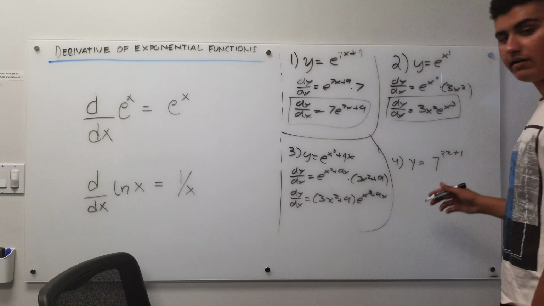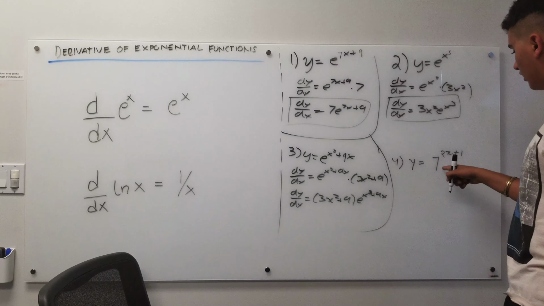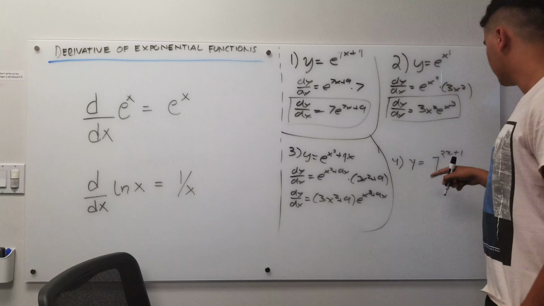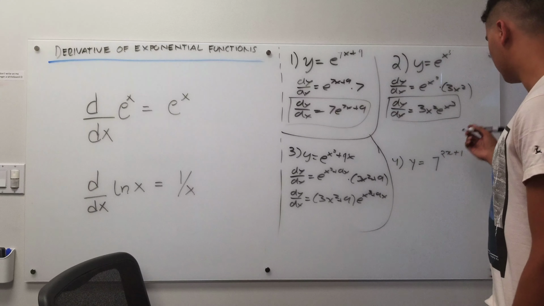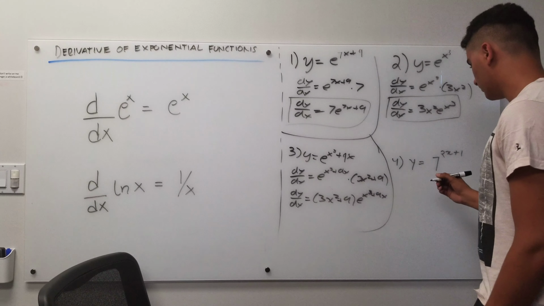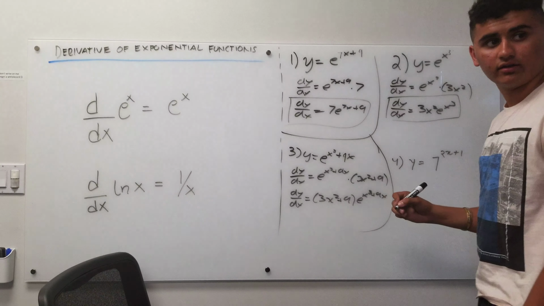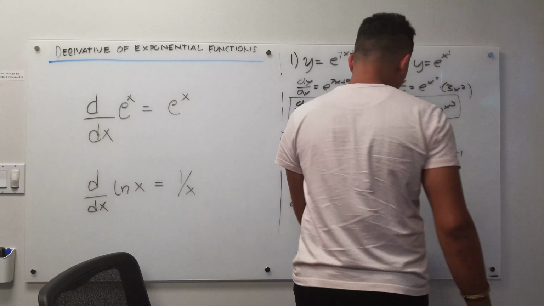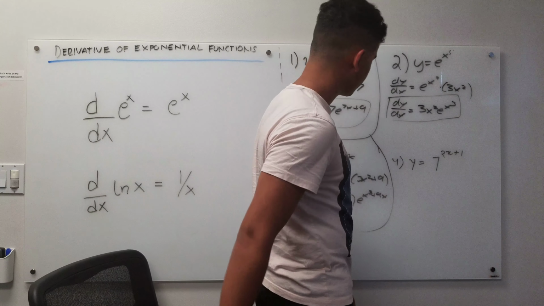But now here we have a problem where we have a constant in the base of the power, y is equal to 7 to the power of 2x plus 1. So what we're going to do is actually take the log of both sides so that we are able to, you'll see.